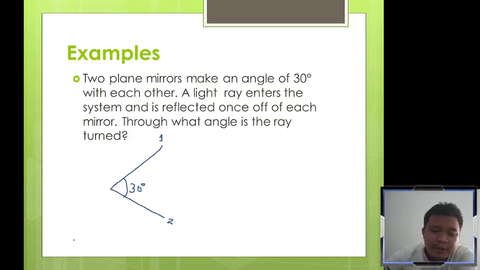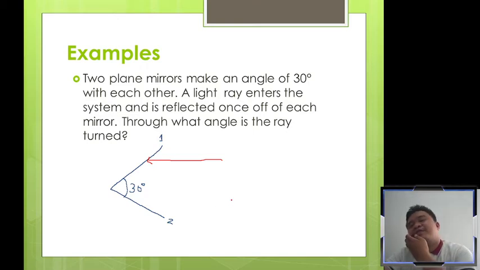Okay, so I'm going to somewhat assume, class, let me change the ink color, that the ray of light enters mirror number 1 horizontally. Okay, let's draw that horizontally.